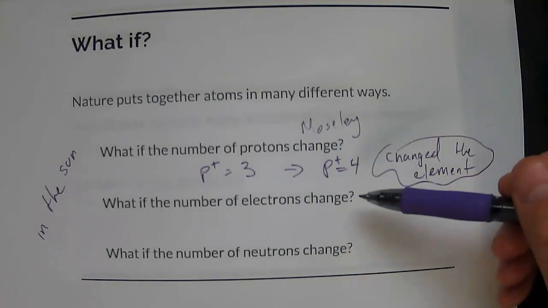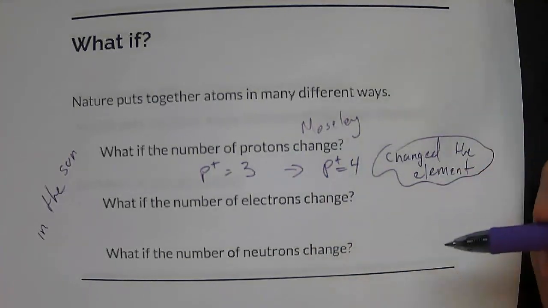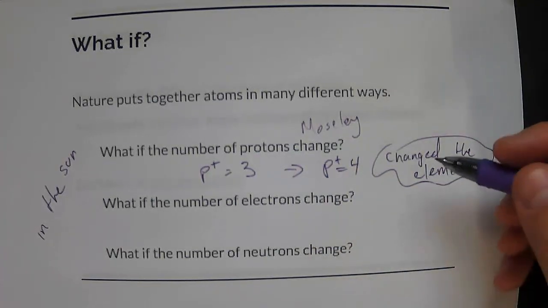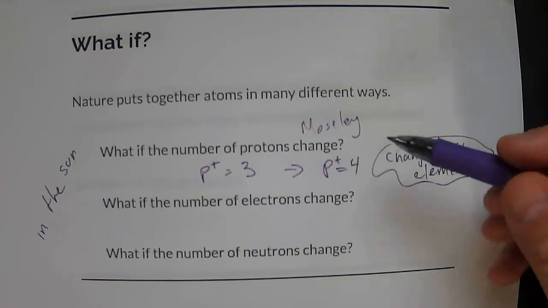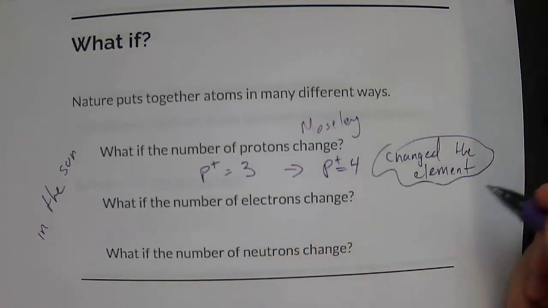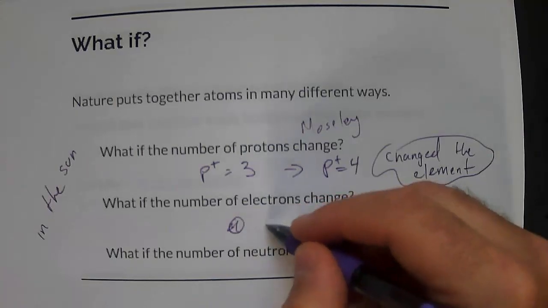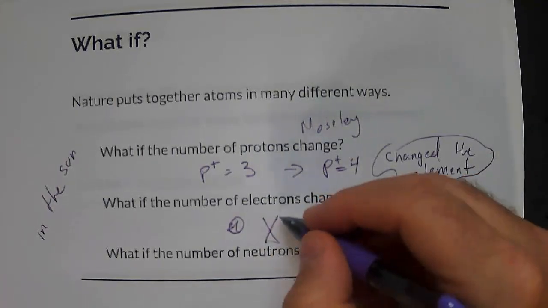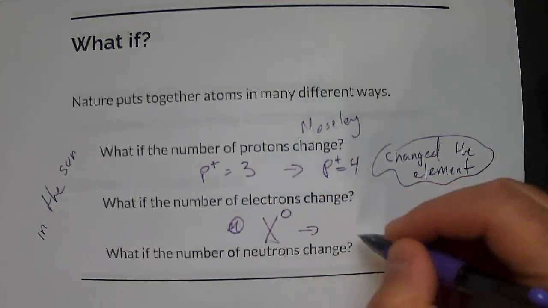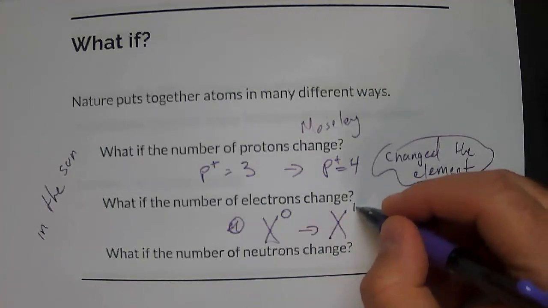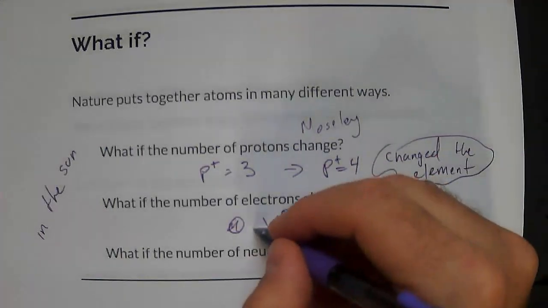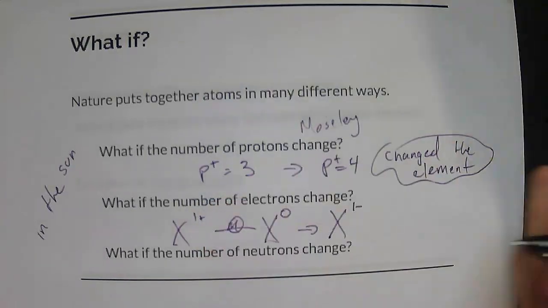Okay, what if we change the number of electrons? We probably went over this when we talked about counting electrons. If you have something with a neutral charge, so you have the nuclide symbol, and you go neutral, and then you change the number of electrons, so now you have a -1, or maybe you have a +1 charge.